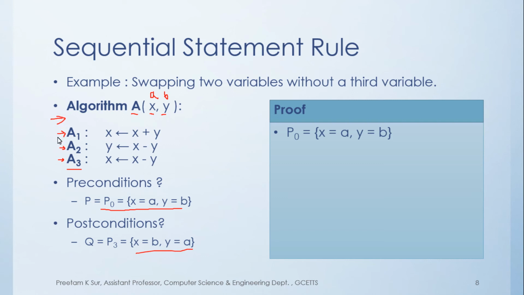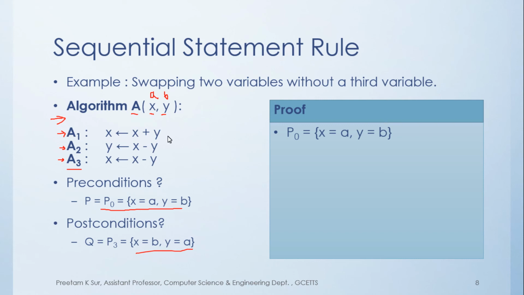Okay, next what will happen? Next a1 will be executed. So if a1 is executed, it will change the value of x to x plus y, right? So in x we will have x plus y, which is basically a plus b. We do not have any change in variable y in statement a1, so y will be b, left as it is.